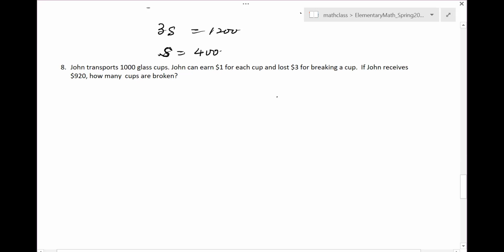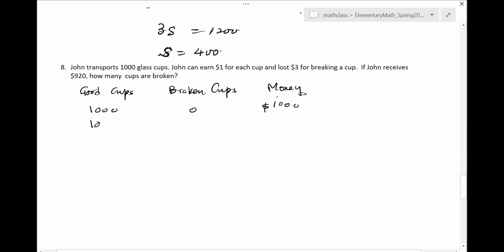Let's solve the problem without using variables. Here, good cups, here, broken cups, and then the money he can earn. Now, suppose all of them are good. 1,000, right? He can earn $1,000 and zero broken. But that's more than what he got.